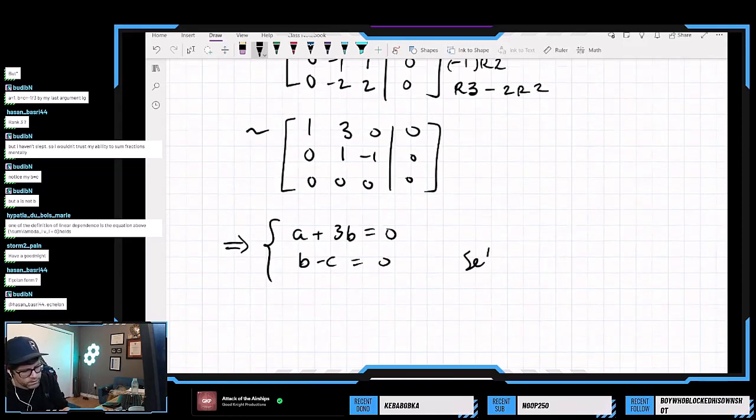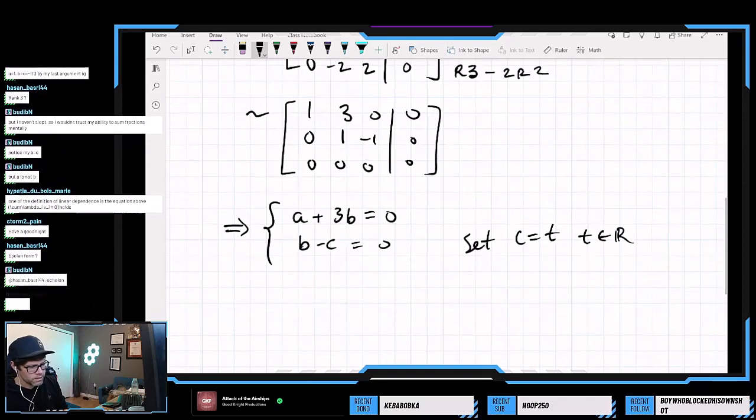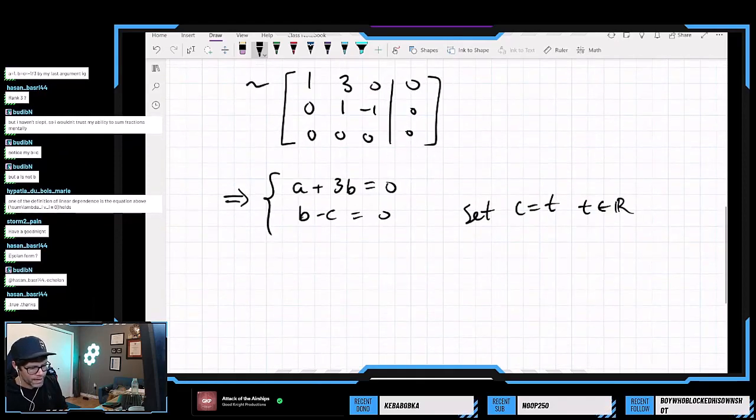So we're going to set c to be some kind of real number, I guess. It doesn't really matter what c is. But then we can back substitute, and we can find these values for a, b, and c. So if we set c equal to t, what do we get here?